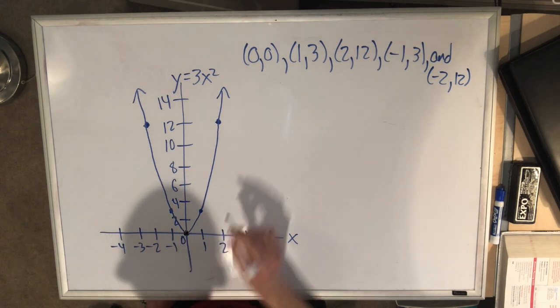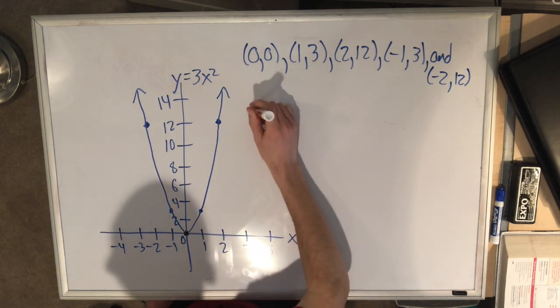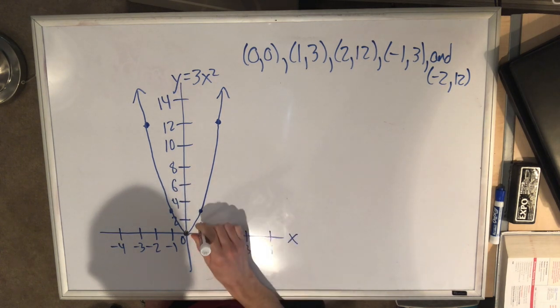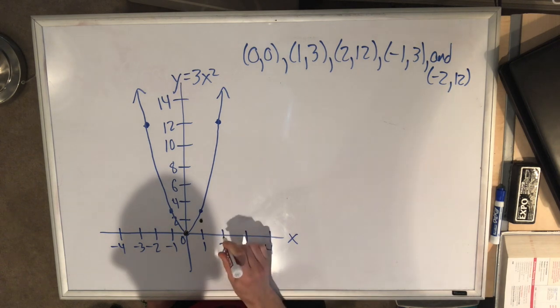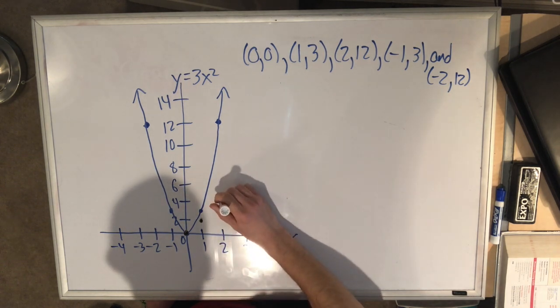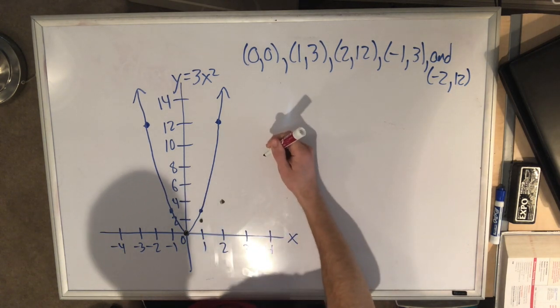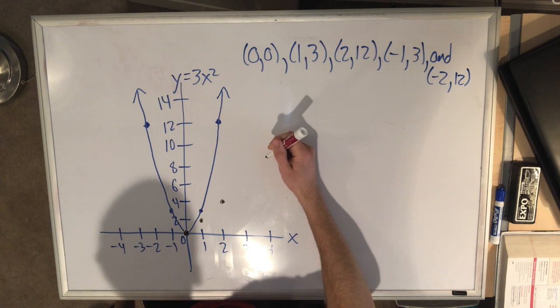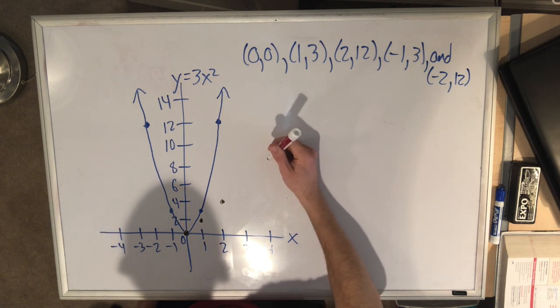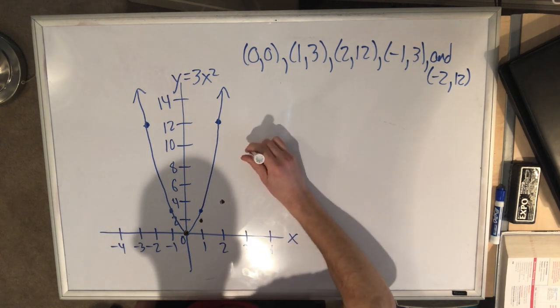If you substitute in 1 for x, y equals 1 squared is 1, so that's the point 1 comma 1. And then 2 squared is 4, so the point 2 comma 4. 3 squared is 9. So when you substitute in 3 for x in the equation y equals x squared, you get 9 for y. The point 3 comma 9 is over here.